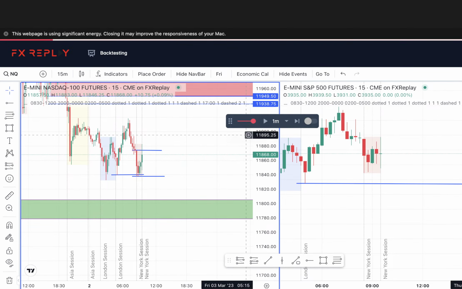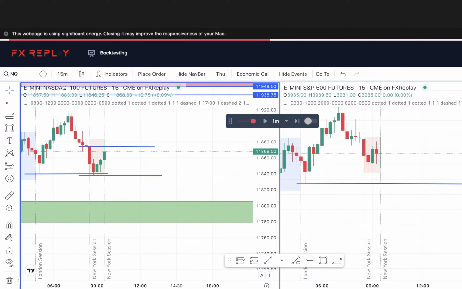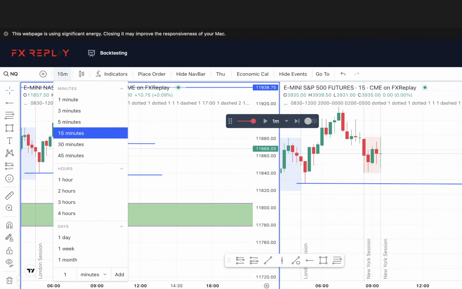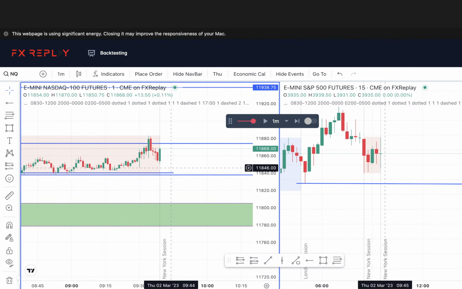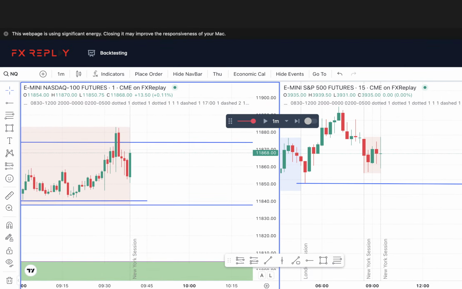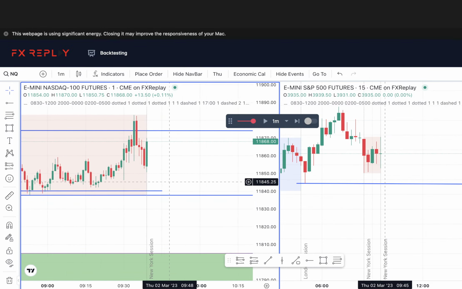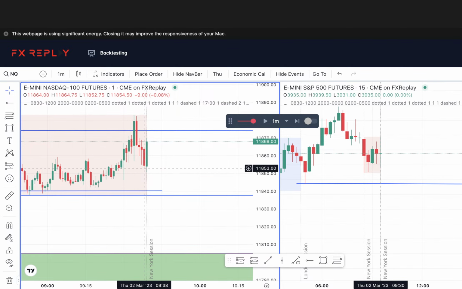Okay, we got a wick of that top side. It's a little, I don't know. But let's see. Let's just go to the 1 minute. Okay, maybe we can keep playing on the 1 minute because I'm not sure about that one either. I'd wait for, we do have a candle close below this low.